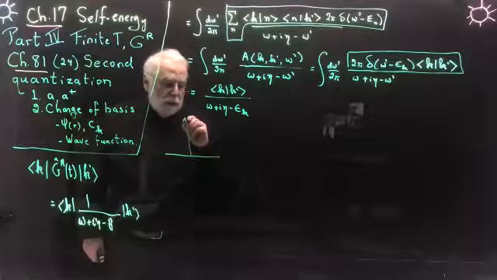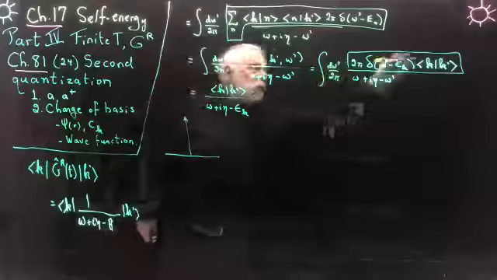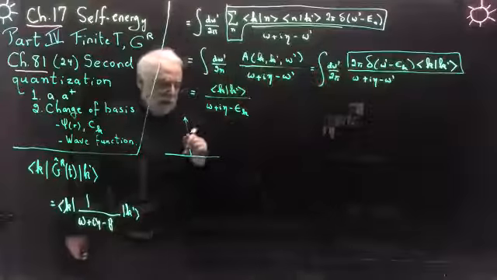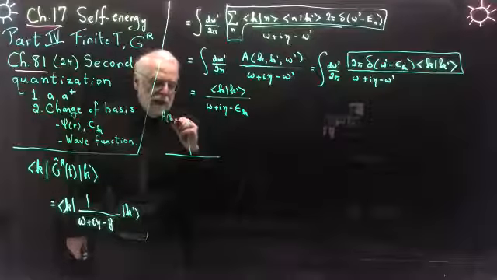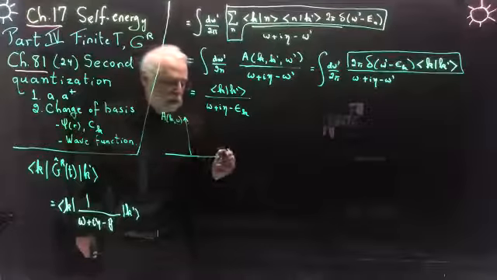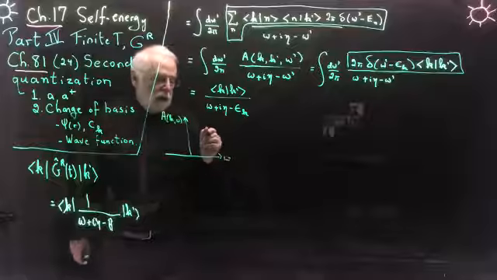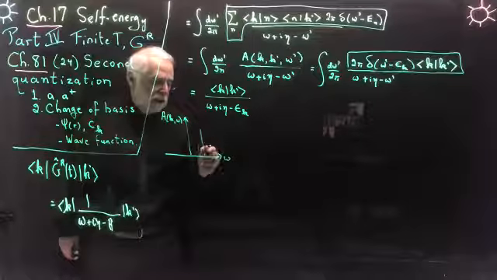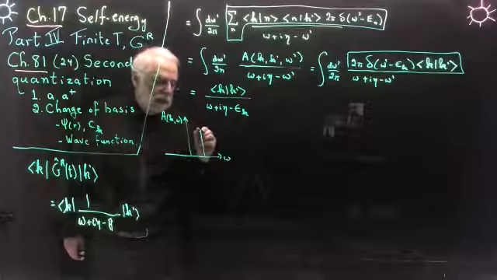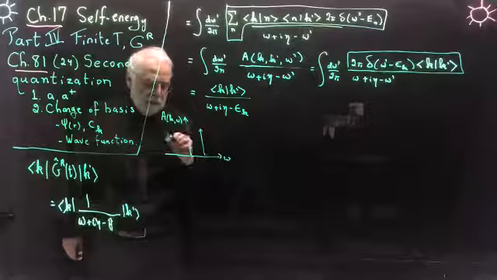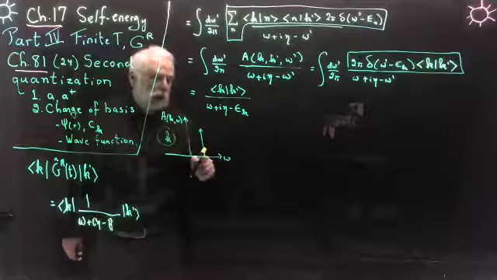Then what will happen to this spectral weight, the quantity in blue here? Let me put A of k omega as a function of omega. If there are no interactions, I have a delta function. If k is given, then there's only one energy.